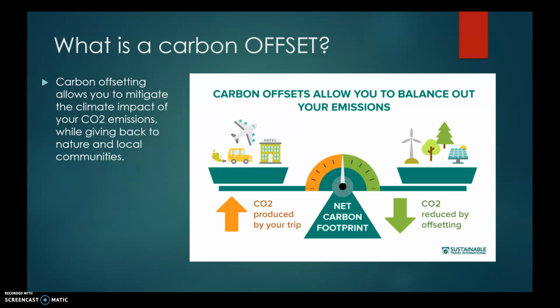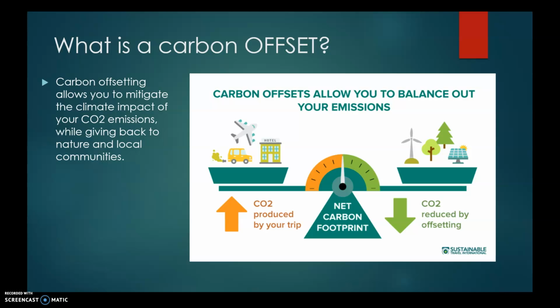So there's a lot of different organizations out there that can help you offset your emissions, to help you balance out what you're giving off or what you're producing, and then it kind of reduces that by offsetting it. And it helps you live a more carbon neutral lifestyle. It's not for everyone, but it is good for you to know that there are ways that you can reduce your carbon footprint.